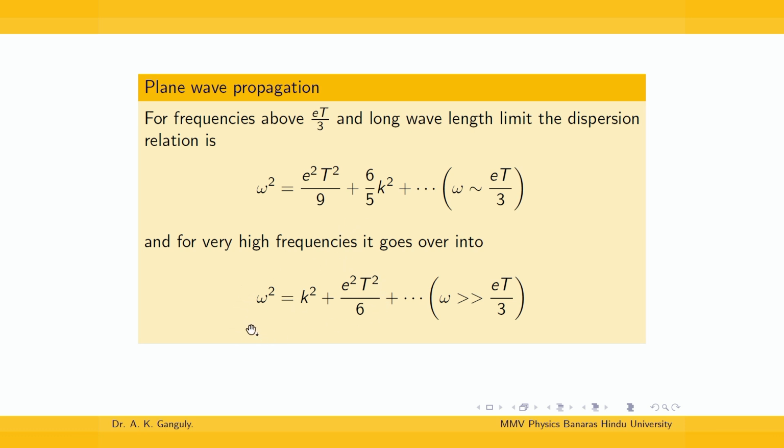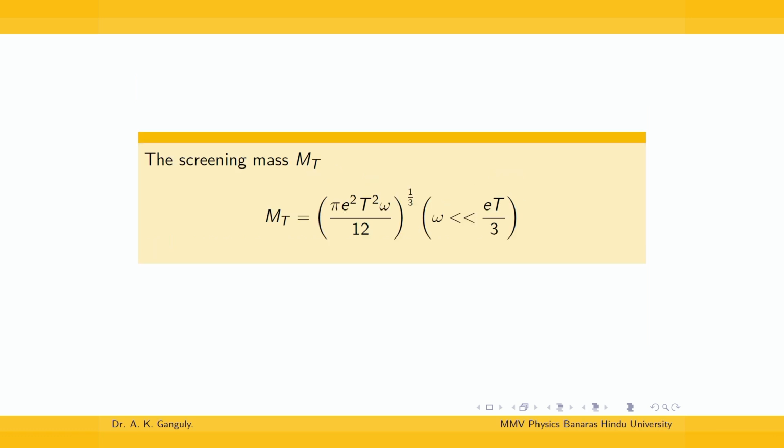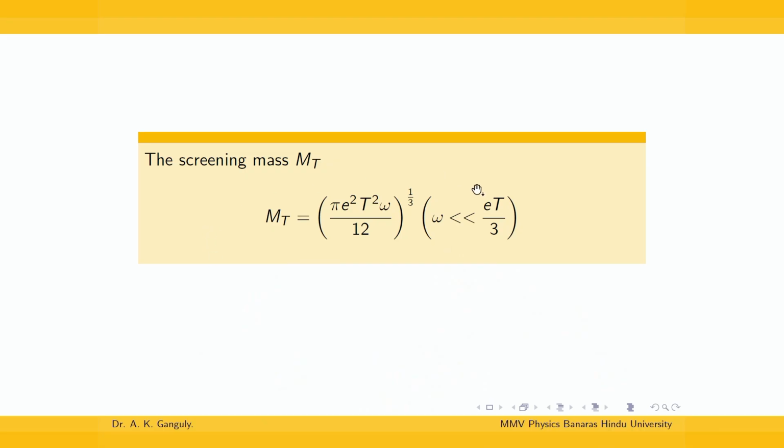In this particular case at k equal to 0, there is a magnitude for omega which is held constant, and the screening mass tells you, in the static situation, how far the fields should penetrate at high temperature. This is given by the expression that is flashed over here.